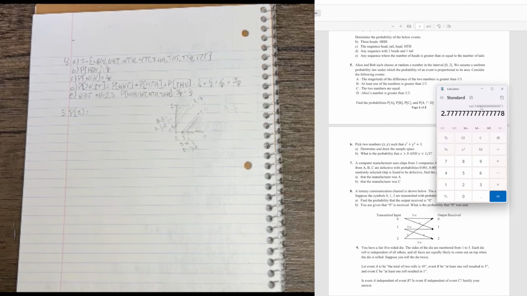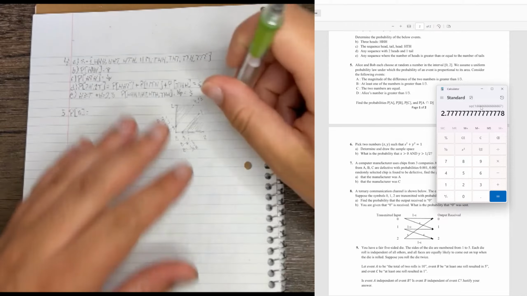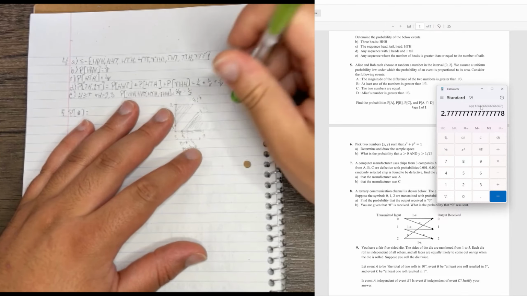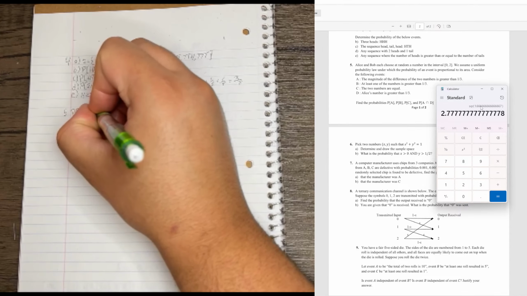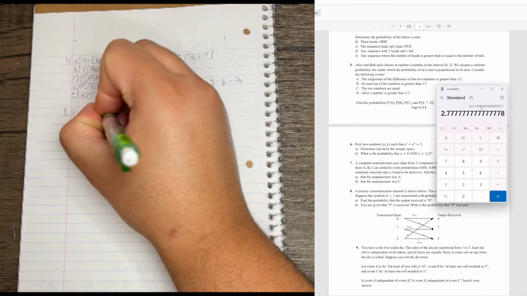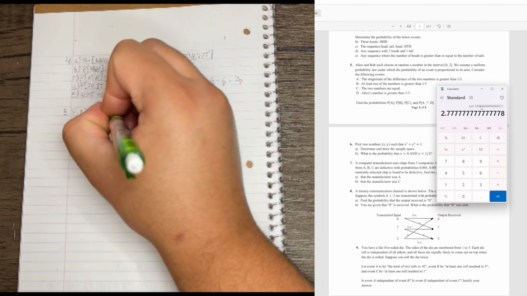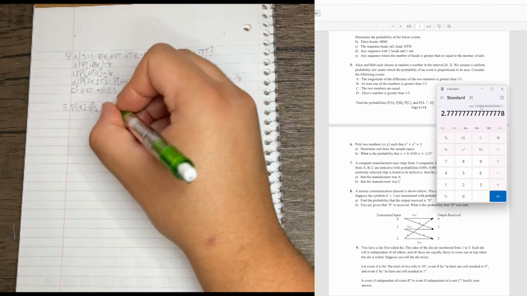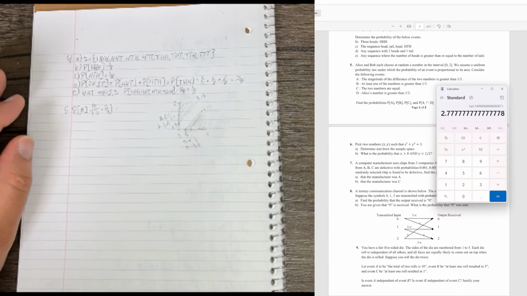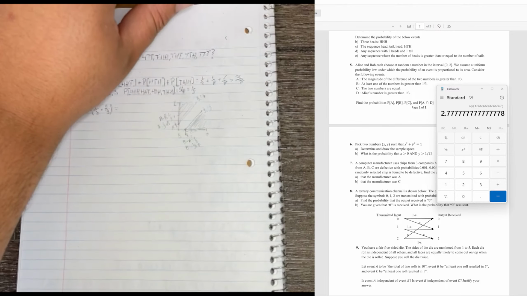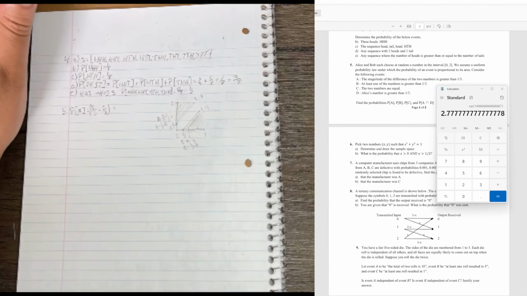I don't think that's right. I don't know. 5 divided by 3 times 5 divided by 3. Let me pull that back up, actually. Go back over here, history.